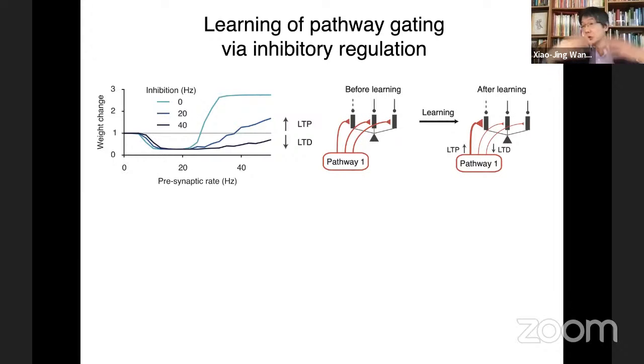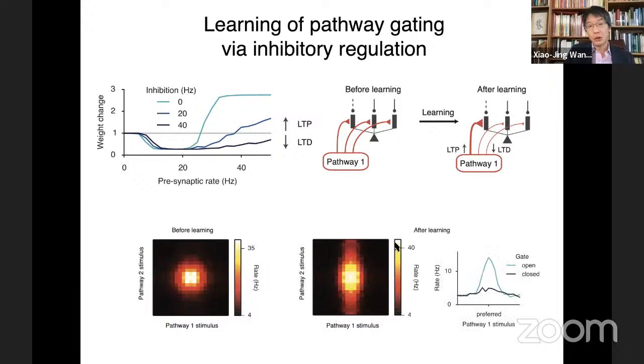Pathway input goes to all branches, but you just open the gate for one of the branches. In that event, because this dendrite is disinhibited, you can have LTP. But in the other branches, because of the inhibition, you have LTD. So through plasticity, this alignment can occur dynamically, and that's confirmed here. Before learning, you don't have selectivity, whereas after learning, you get this gating working.